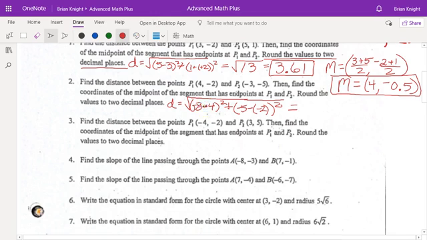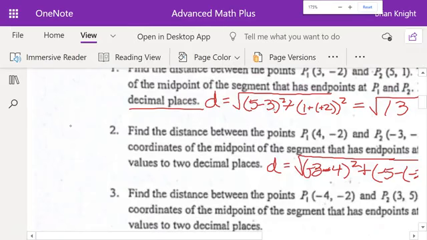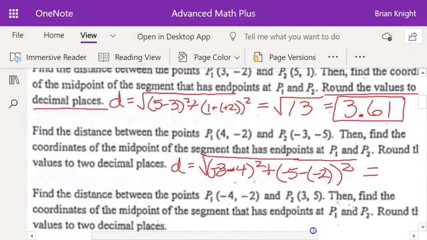Put all that in, you should get, anybody do it already? Can you zoom it in a little bit? Is that better? Thank you. 7.62. 7.62 is correct.